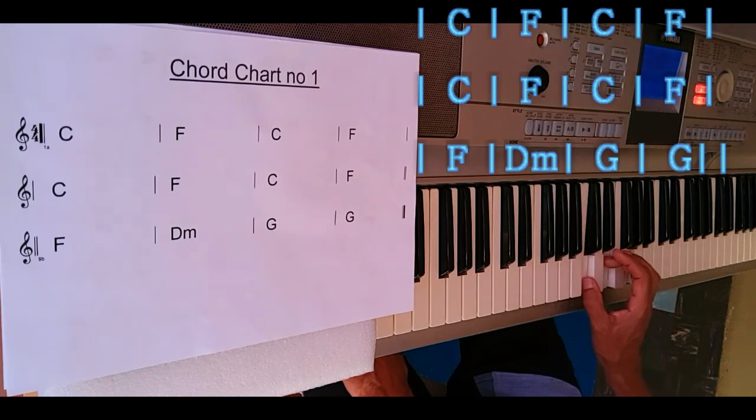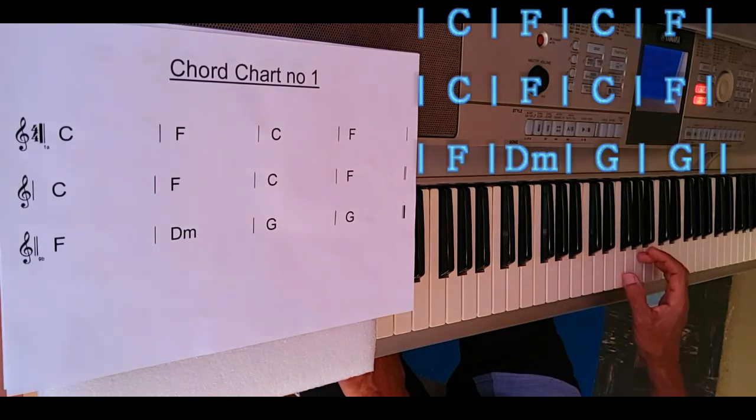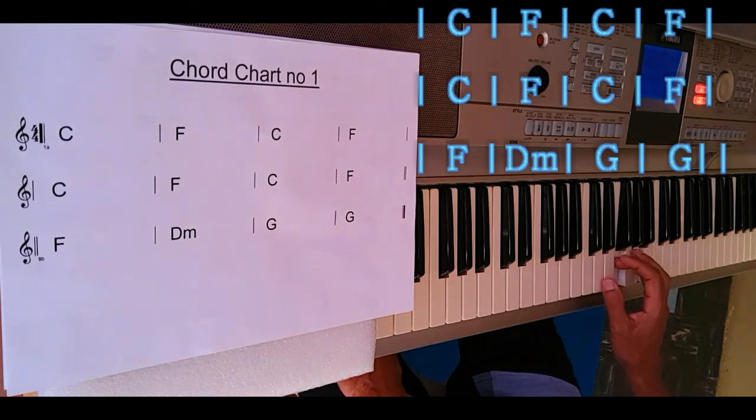The same thing for the F. When we move to the G, the same thing, G, B, D, so we play B, D. And when we move to the D minor, same thing, F and A.